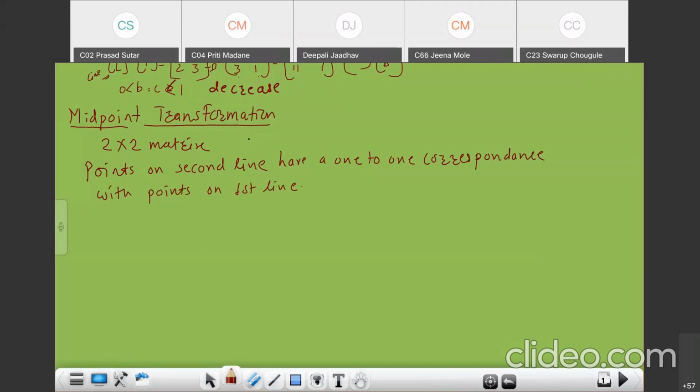And for that, to confirm this, that every point corresponds with another point, we consider transformation of midpoint.